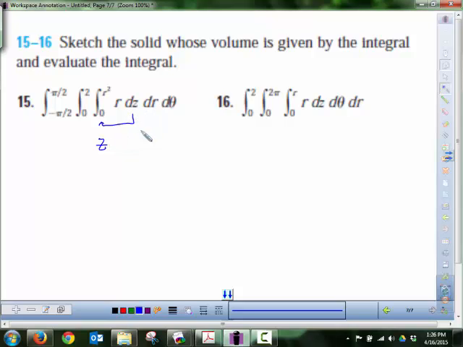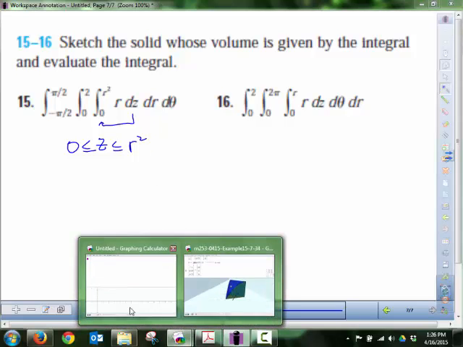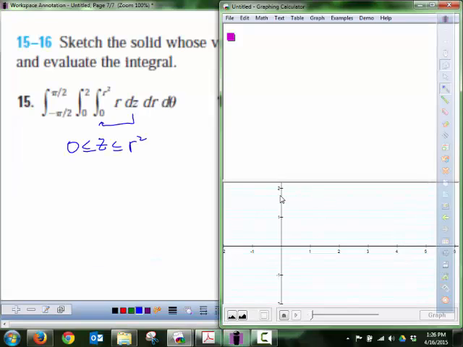So my innermost integral is my first integral, and that's the z variable, and I'm taking z equal to 0 and z equal to r squared. Now, it'd be good if you can understand what z equal to r squared means. And I think if you have a graphing calculator, you can just punch that in. z is equal to r squared. You know what this is going to look like?